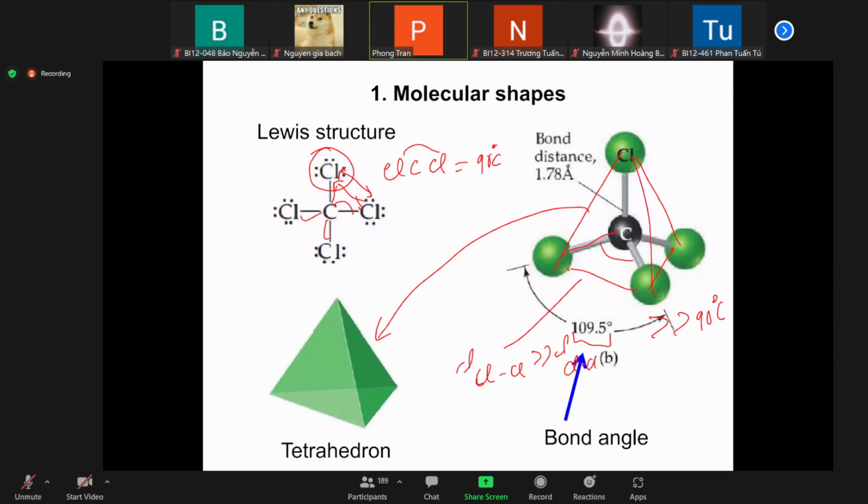So if you put a 2D Lewis structure like this one on paper, it looks beautiful and symmetric, but it's not stable. It's less stable than when you arrange the chlorines in 3 dimensions. In 3 dimensions, the interaction between the chlorines will be optimum.